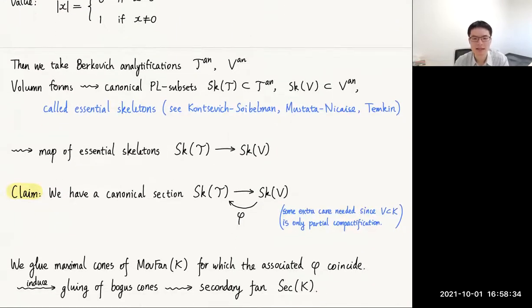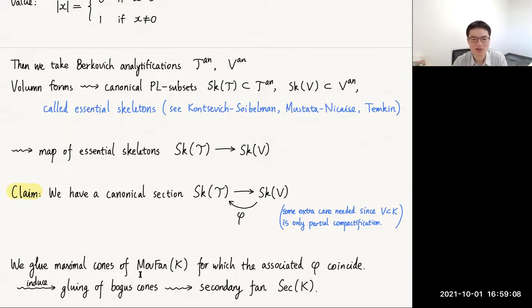So then the idea is that, as I said, we are not content with just the Mori fan. We would like to remove something out of the Mori fan. So what we do is glue maximum cones of the moving part of the Mori fan, which is the simpler part, where we ignore all the exceptional divisors, base divisors, and so on.